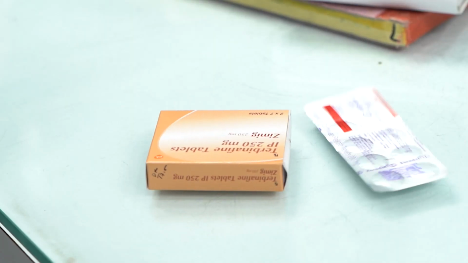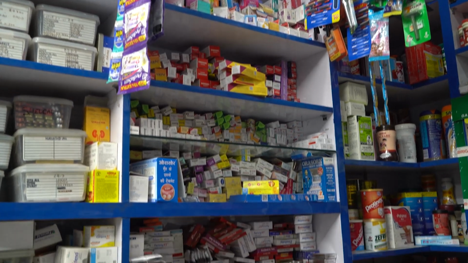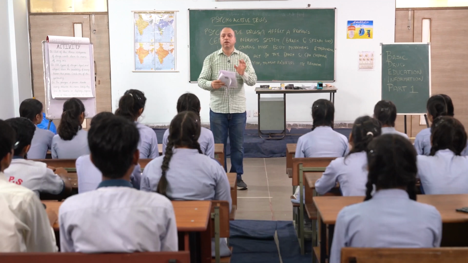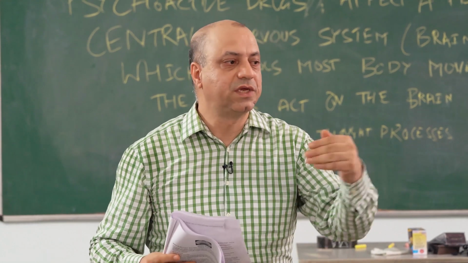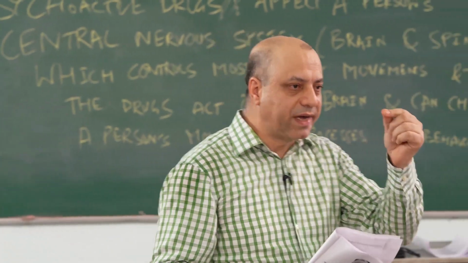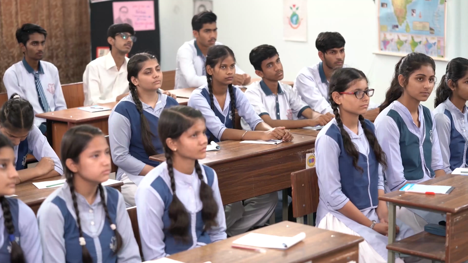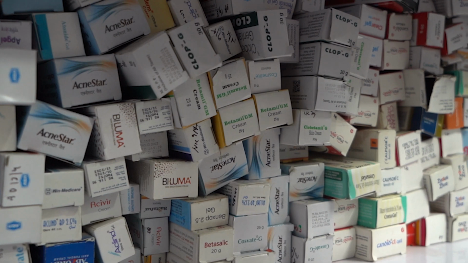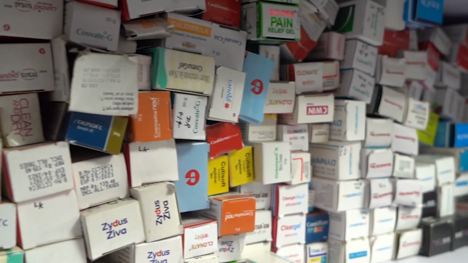In our part of the world, in India, what you have is a Schedule H drug, for example. Those in particular have to be under prescription. So prescription drugs are drugs prescribed by a doctor for a particular condition, maybe for some pain, some common cold or fever, and you go to a chemist shop, a pharmacy, and you get a particular drug.